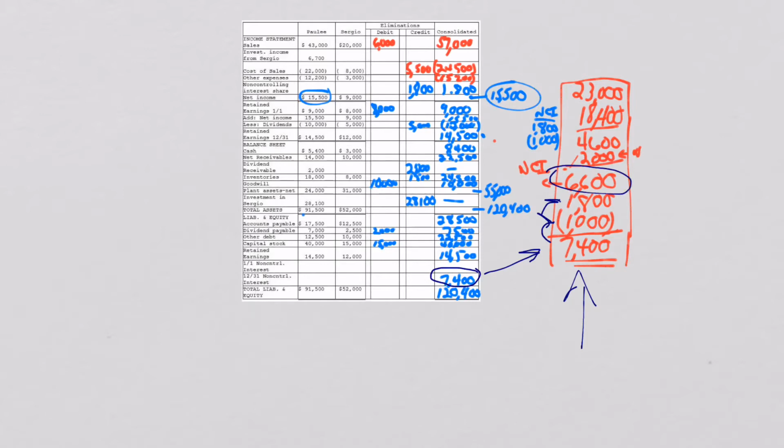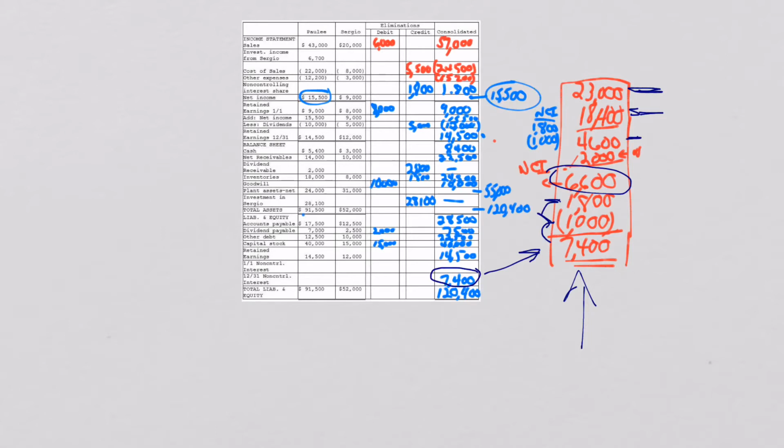That was one way, and the other way we worked down to it was we took simply the net assets of the subsidiary, which is $23,000 of common stock and retained earnings. That's this number here. We then subtracted out the 80% of that, which belongs to the parent, because that surely belongs to the parent.